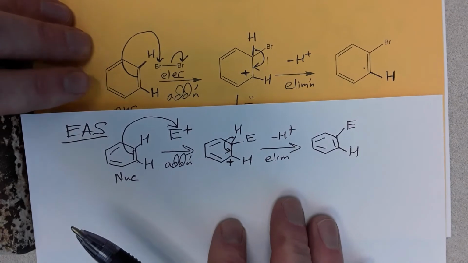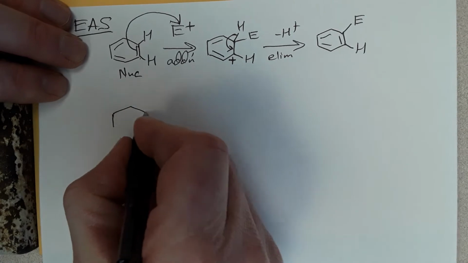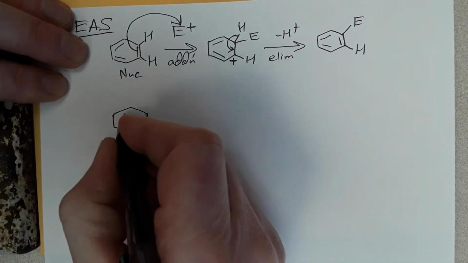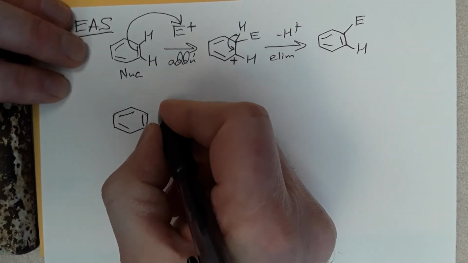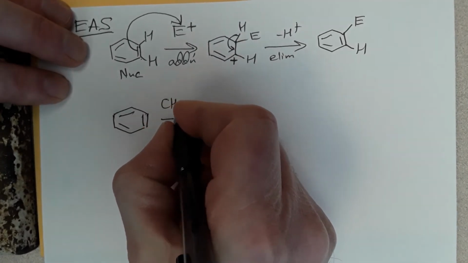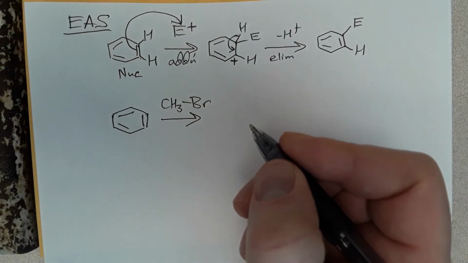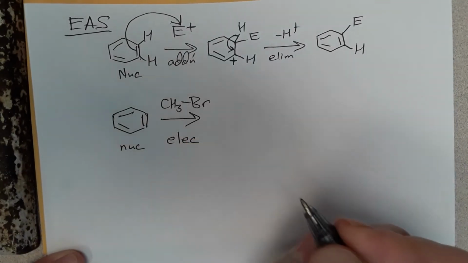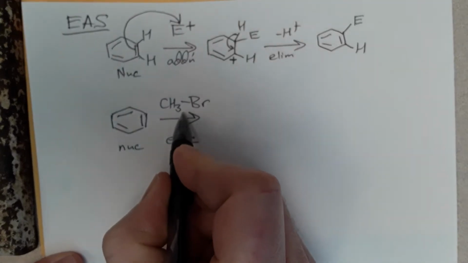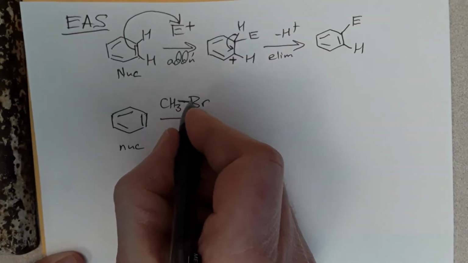Okay, let's have you draw the mechanism. Let's have you react benzene with an alkyl halide. So we'll just make a bromomethane there. Okay, so this is your nucleophile, this is your electrophile, and the first thing you do to think about the reactivity of this is to look at the atoms and assign partial charges.